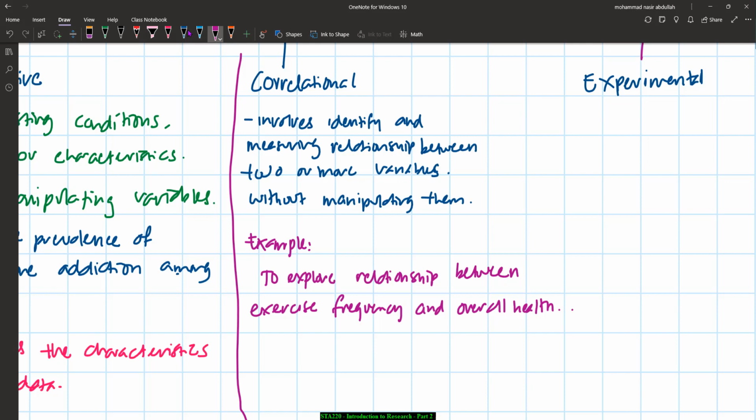is collect data of the participants regarding the exercise habit, right? Along with the record lah. Apa record yang ada?